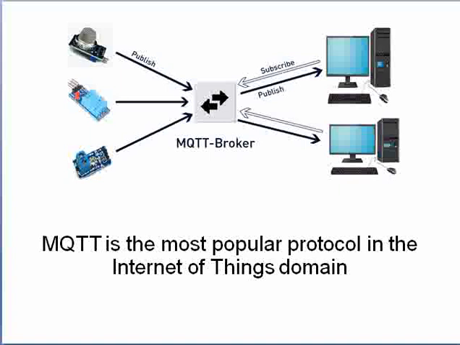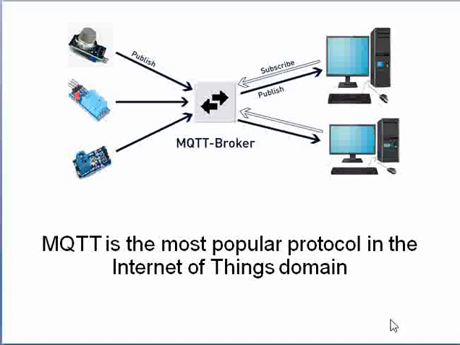So MQTT is the most popular protocol in the IoT domain. If you ask any engineer working on the IoT domain, you get the answer that he is working on MQTT.